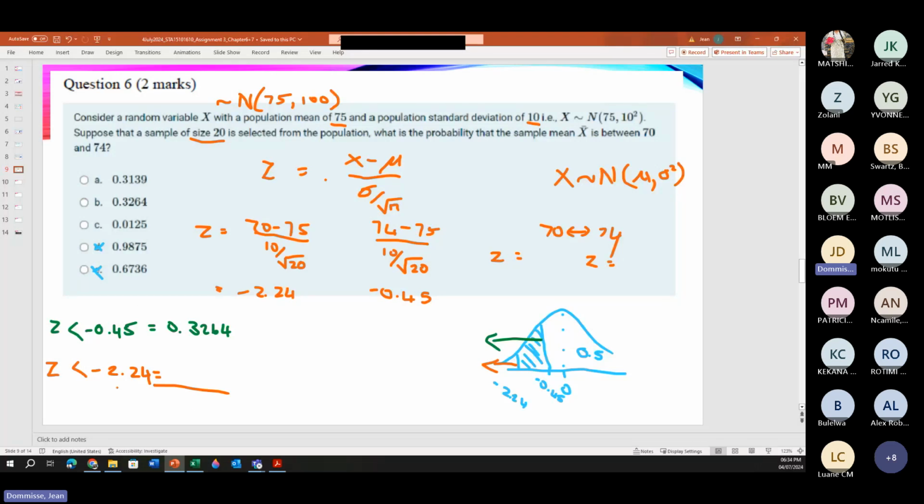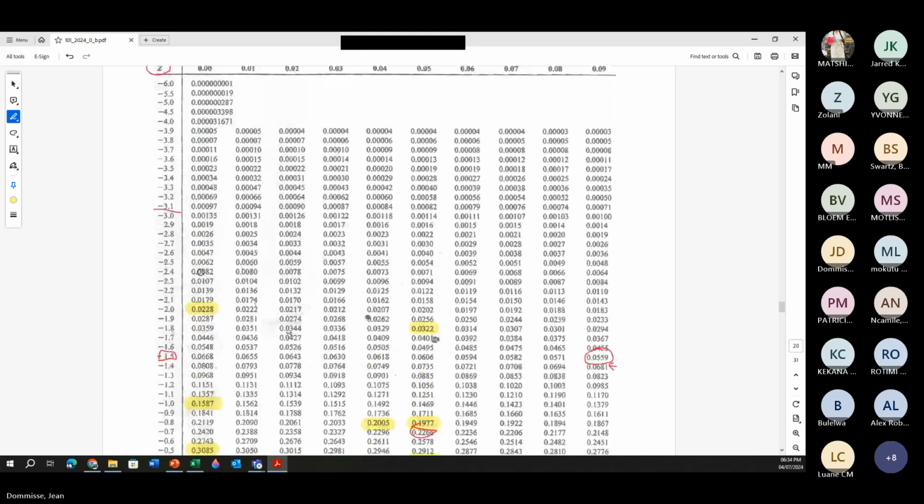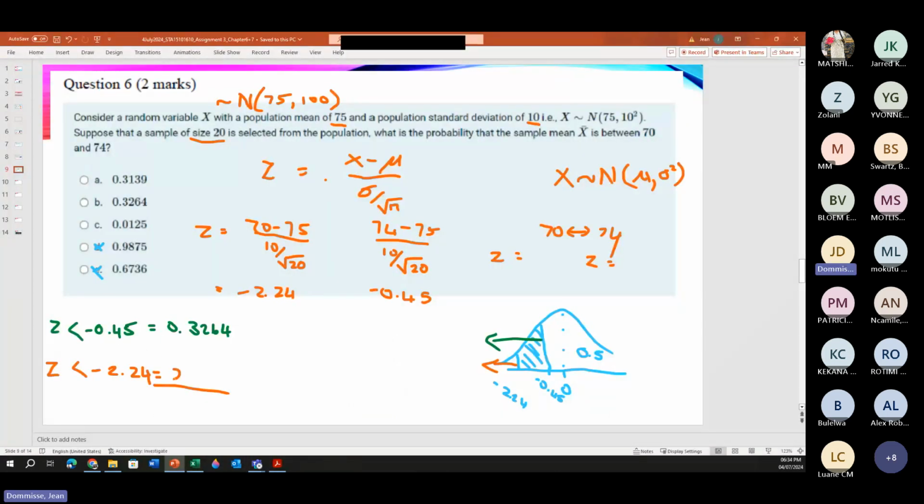So let's see, minus 2.24, 0.0125. And again, typical stats.